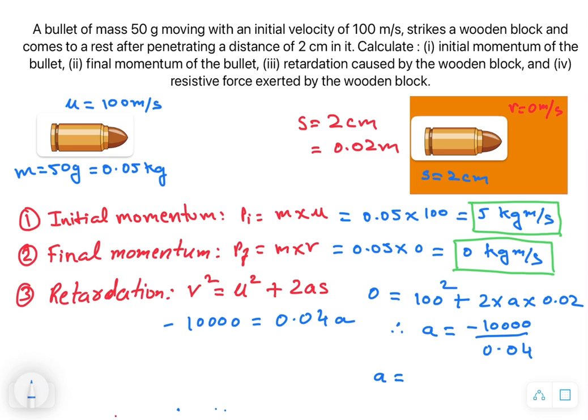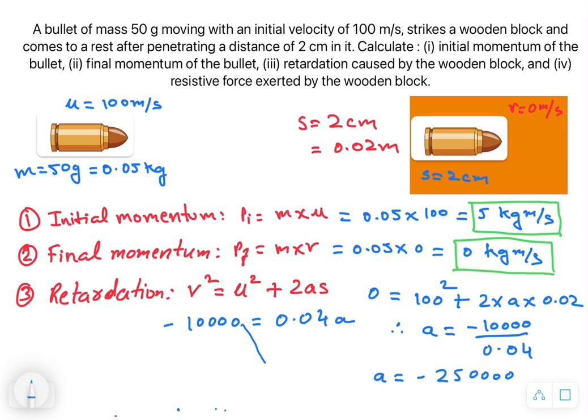So retardation would be, two zeros will come here, so minus 250000. Yes, this would be the retardation.